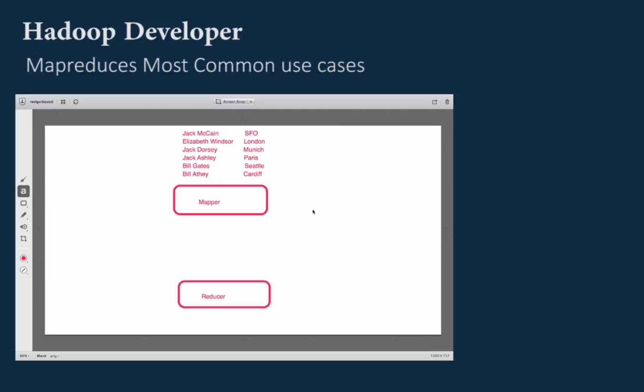This should be going inside the mapper. Let's say in this case, our key is first name.